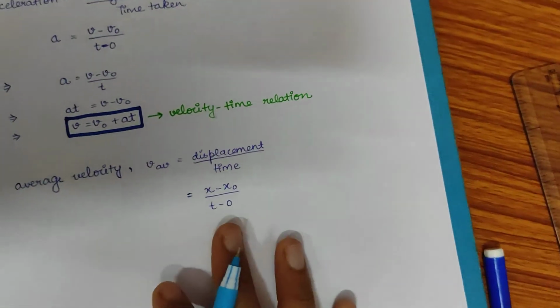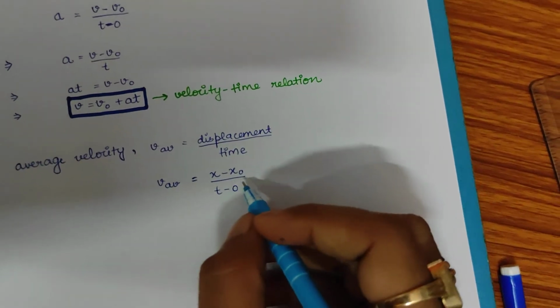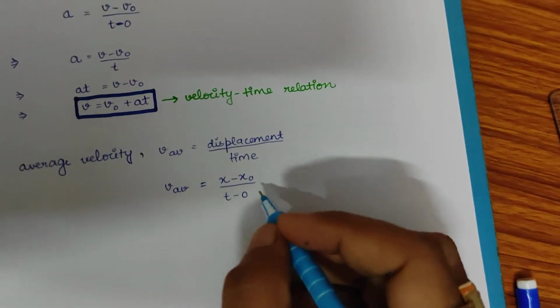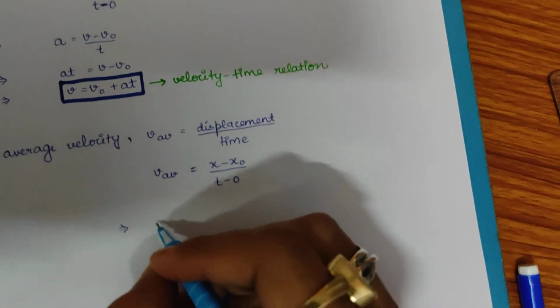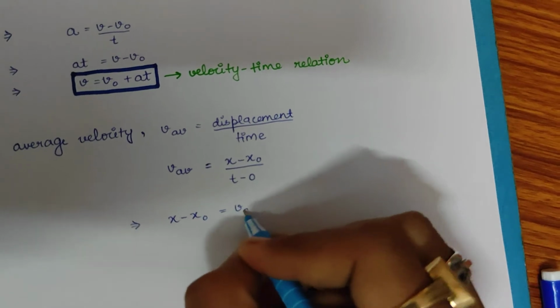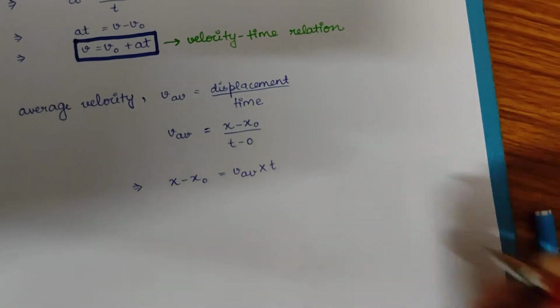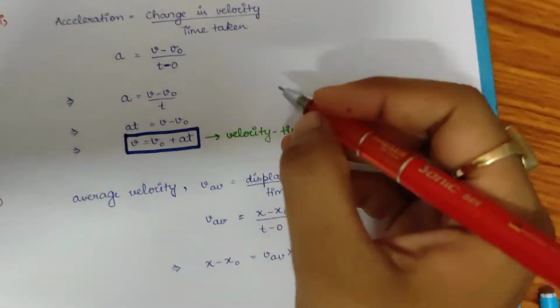So v average equals x minus x naught upon t minus 0. Now if we rearrange it, we find x minus x naught equals v average into t. Let us mark this equation.